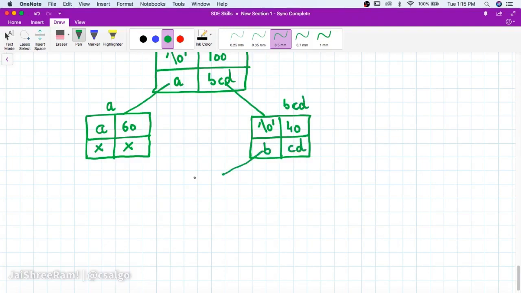So the B node, its character will be B, its frequency was 30, its left was null, its right was null. And this is my CD node now.